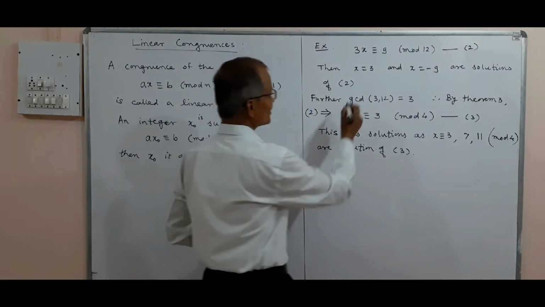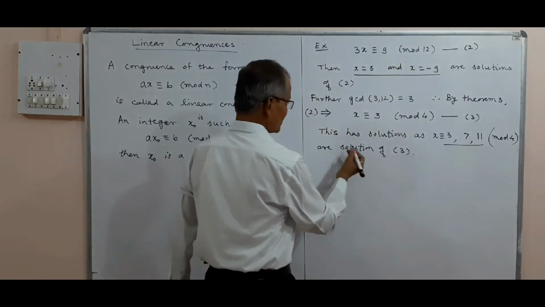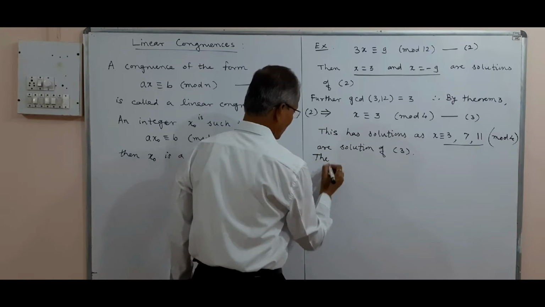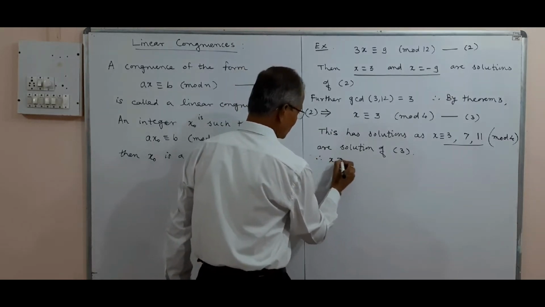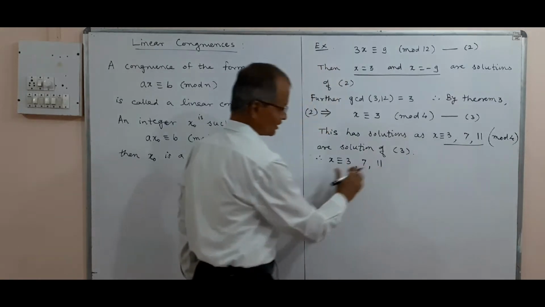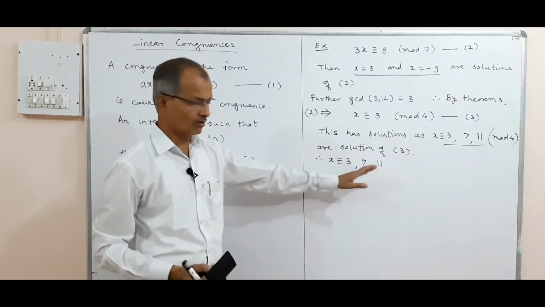Now, what is the difference between these two solutions and these solutions? So, x is congruent to 3, x is congruent to 7, x is congruent to 11.